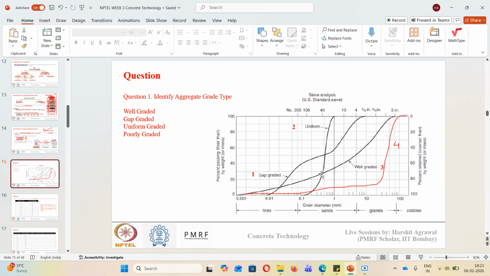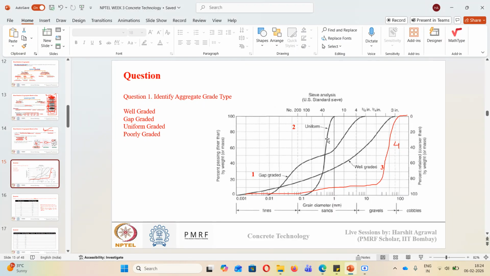In 2 you also see a steep increase, but it is between two very close size fractions, while in 4 it is increasing slowly from 0.001 mm till 10 or 12.5 mm, and then there is a steep rise. That means there are very big coarser aggregates. The maximum proportion is of coarser aggregates and a very small proportion is of fine aggregates.